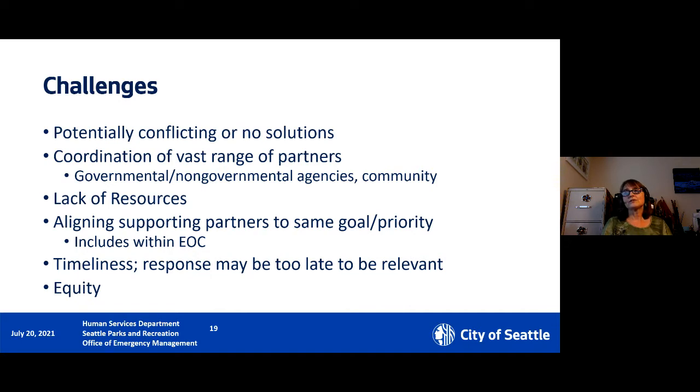We need to be able to align supporting partners to the same goals and priorities, and this includes within the Emergency Operations Center. We also need to be timely. It is very difficult to move quickly in a coordinated fashion with not enough resources in a timely manner, so the response may be too late to be relevant. And another area we already talked about was equity.